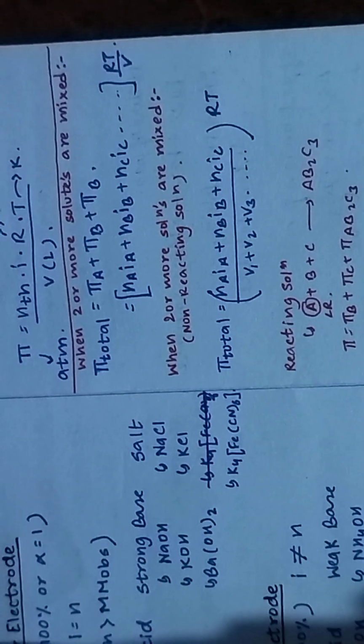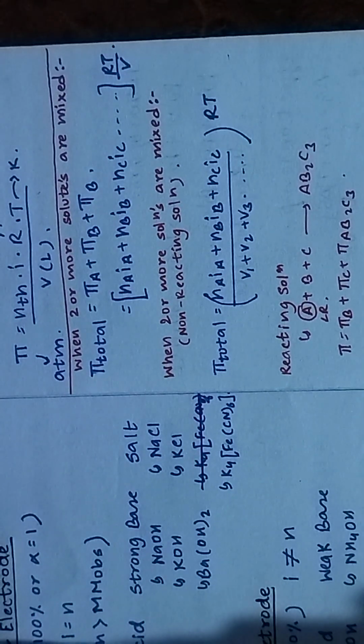When two or more solutes are mixed, then pi total is pi A plus pi B plus pi C, that is, n_A i_A plus n_B i_B plus n_C i_C and all those things.